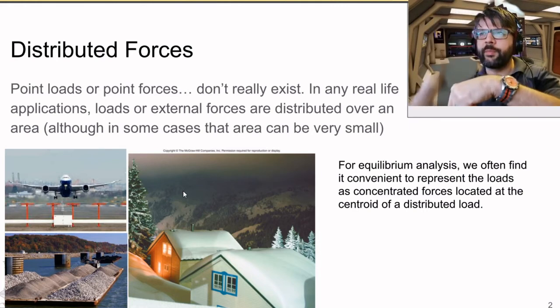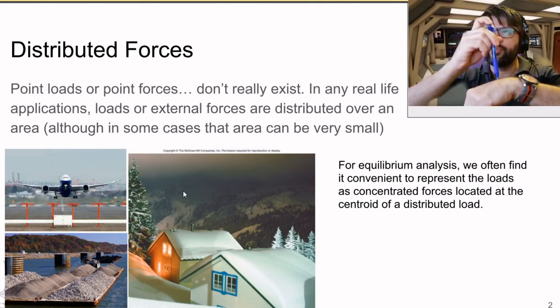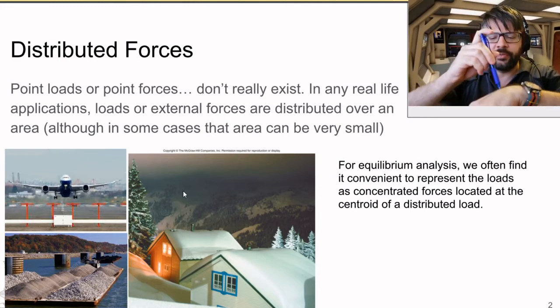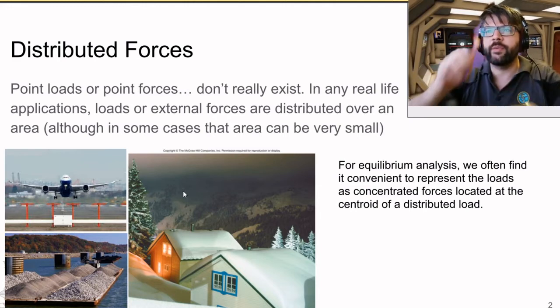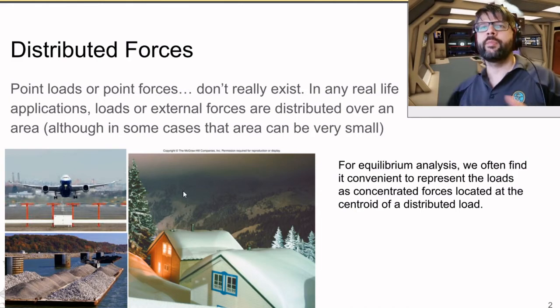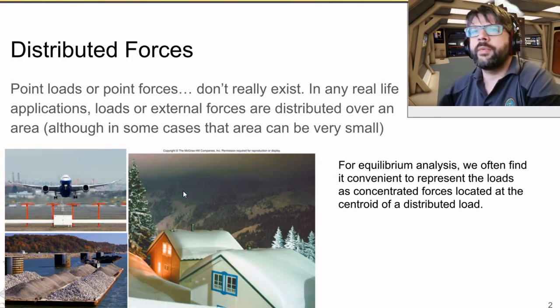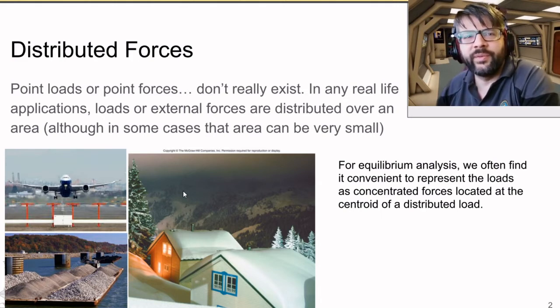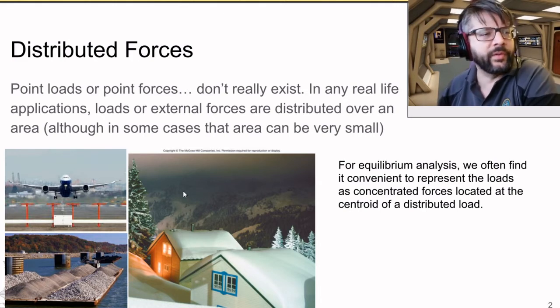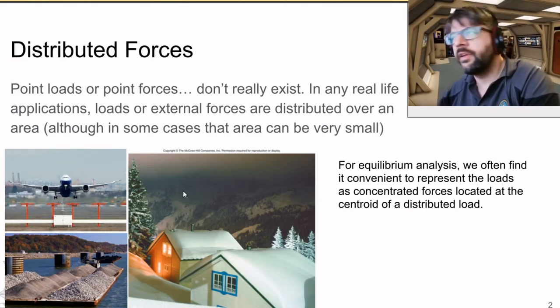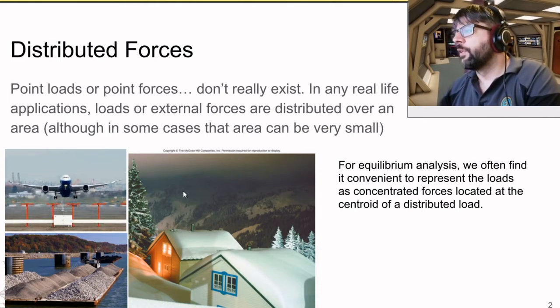Even if I take my pen here and jab it into my hand, that force is being concentrated into a very small section of my skin, but it is distributed over that area, even if the area is small. Probably the closest thing that we get to an actual point load would be the force of gravity on a particle.